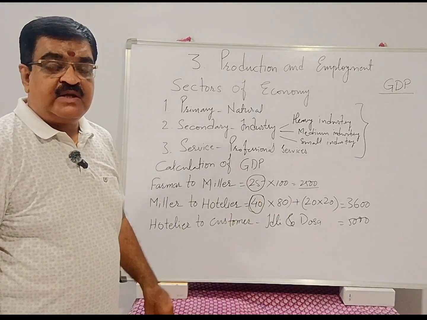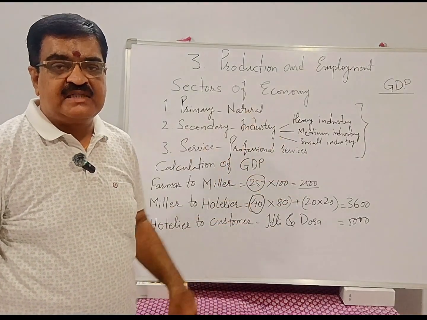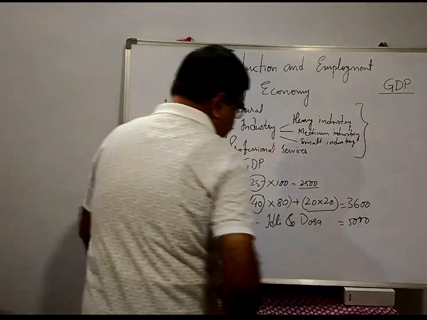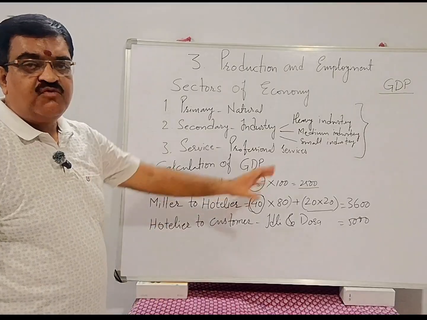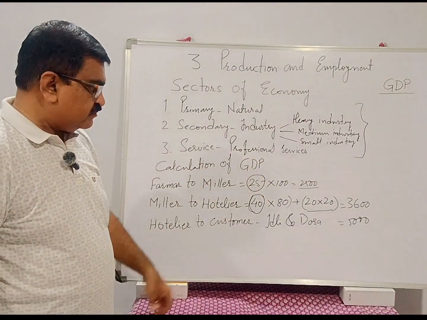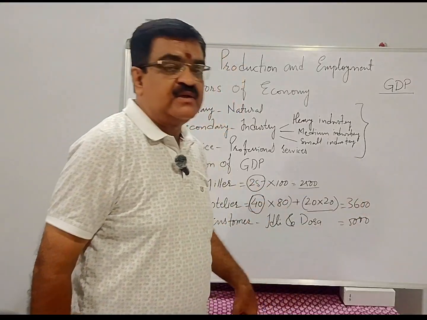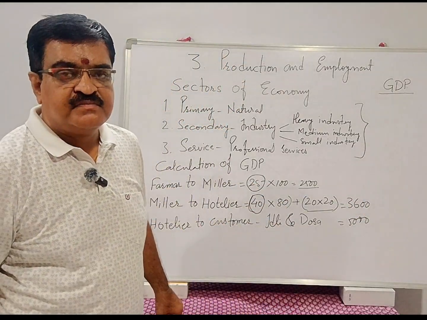How did he use the husk? He has used this husk to burn in the stove as a fuel. So the hotelier has earned 5,000 rupees by selling this idli and dosa.